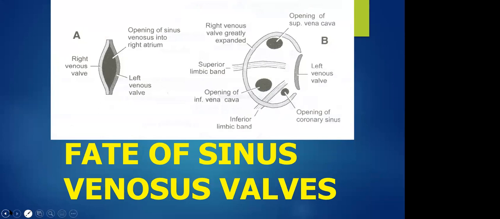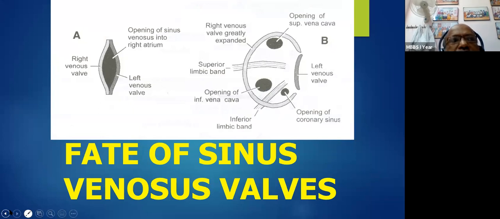So what is the structure that divides the anterior rough part and the posterior smooth part?